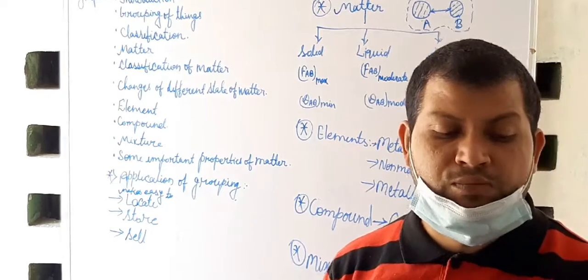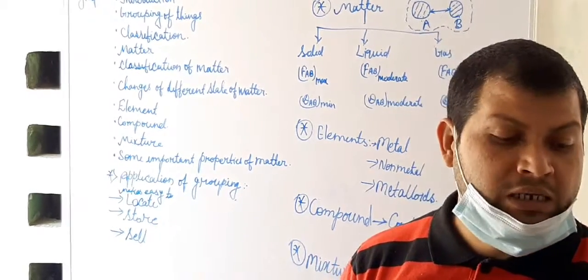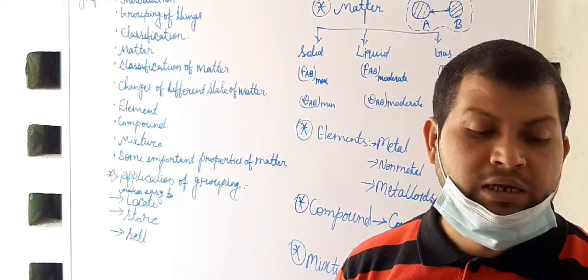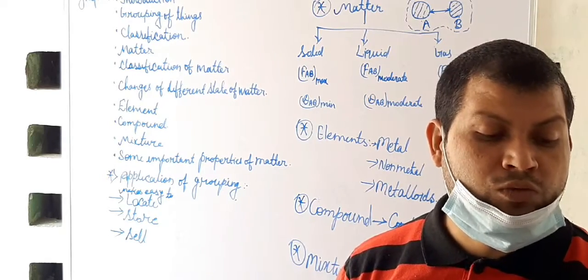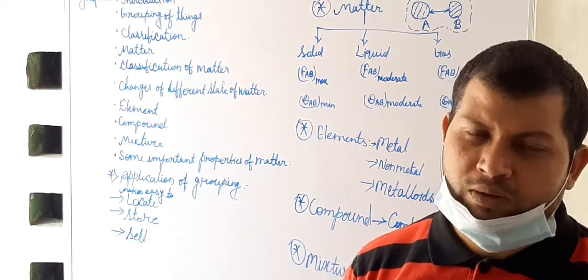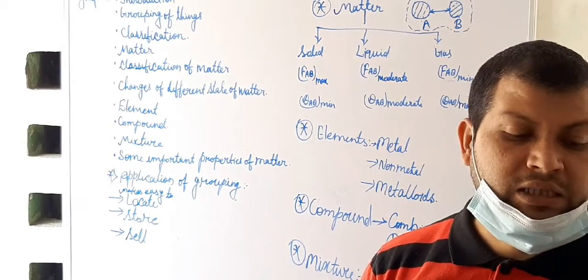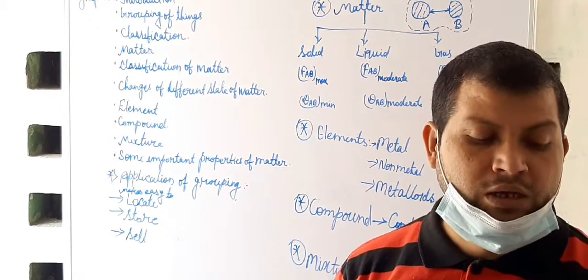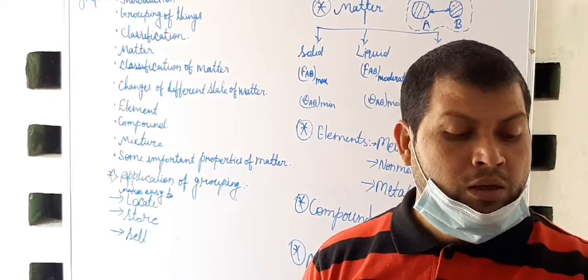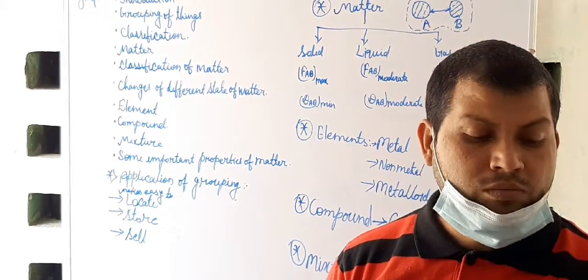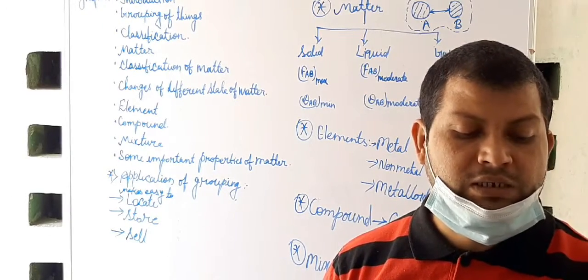Diffusion is a natural process in which particles of different kinds of matter intermix with one another to form a mixture of uniform composition. This is called diffusion. For example, flowers kept in a room spread their pleasant smell in the room.